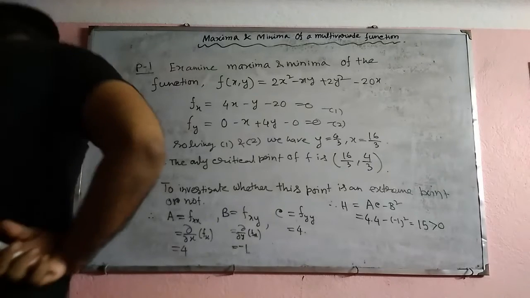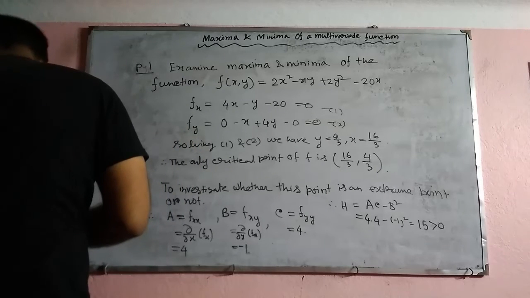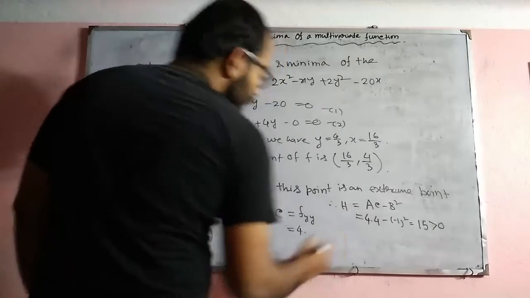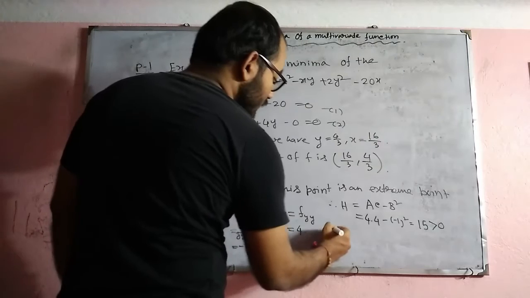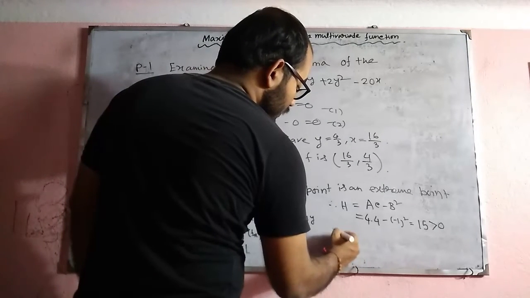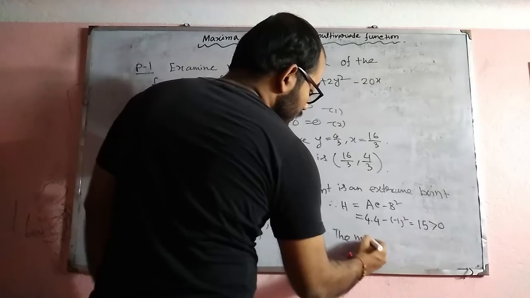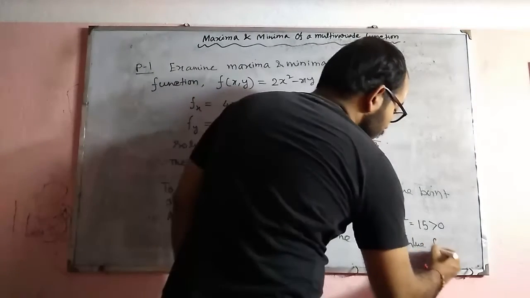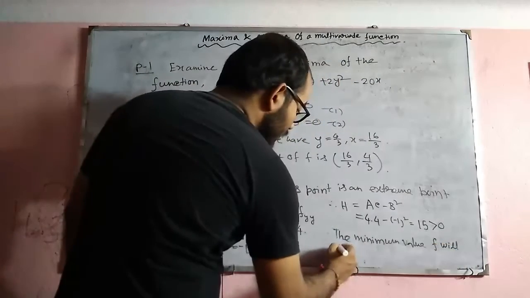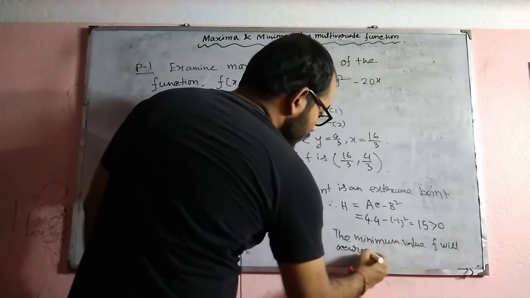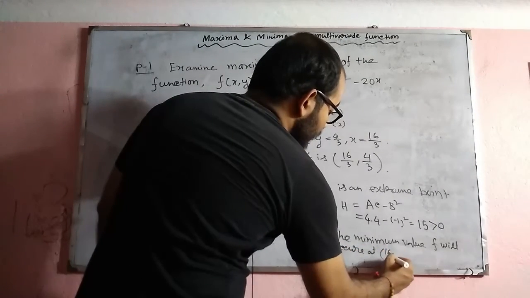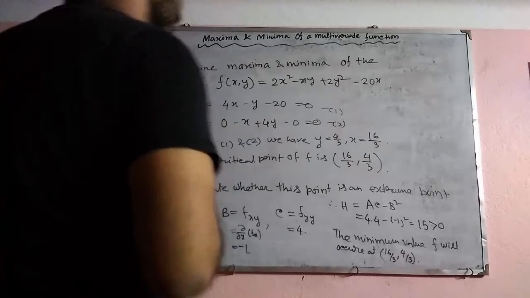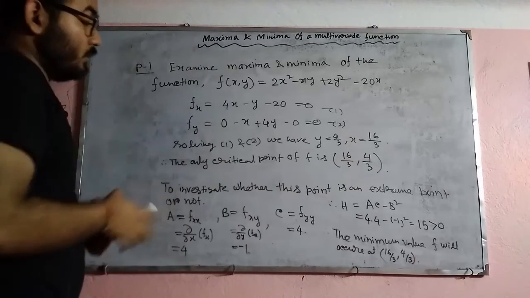See, so the minimum value will occur at 16 by 3, 4 by 3. Okay. Now what is the minimum value?